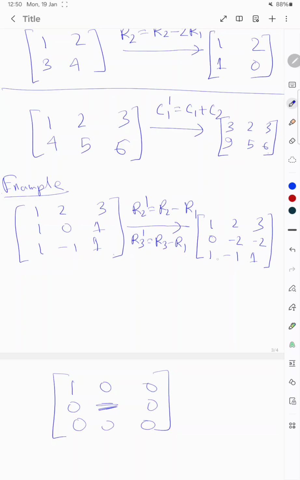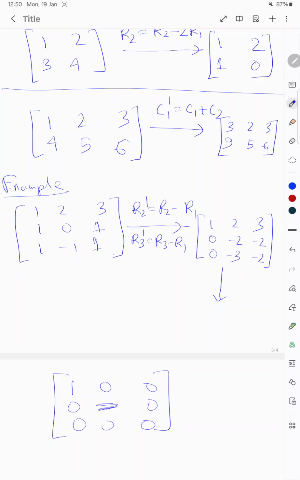So then this will be changed to 0, r3 minus r1, that is your minus 3, then 1 minus 3, that is your minus 2. Okay, you see 2 0 is coming. Next, your target is you have to make this element suppose 1.